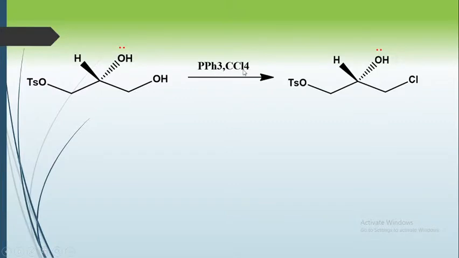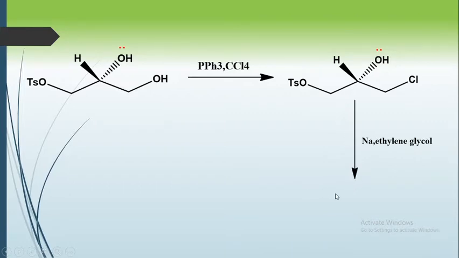That means this triphenylphosphine and carbon tetrachloride, we can say, is the Appel reaction. In this Appel reaction, the OH is replaced with this chloride.